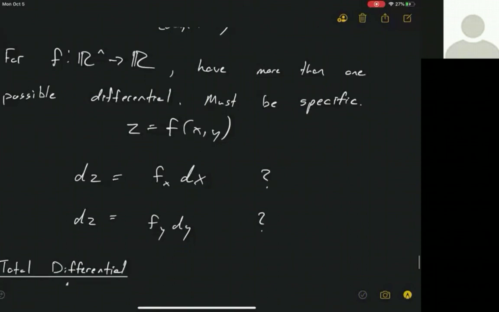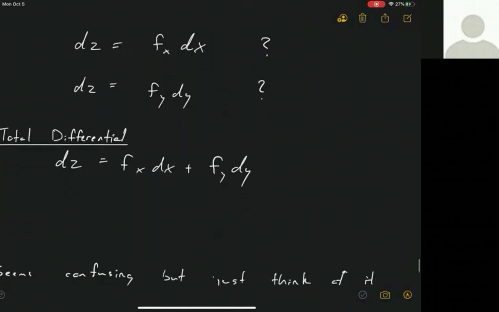Okay. So I have this idea of the total differential, meaning my change in z is going to be my rate of change. What is f sub x? You can think of that as change in z with respect to change in x.